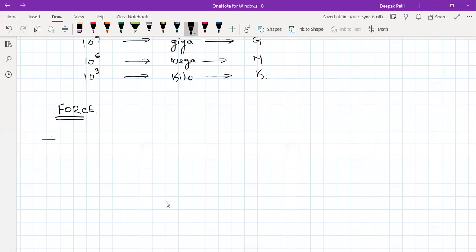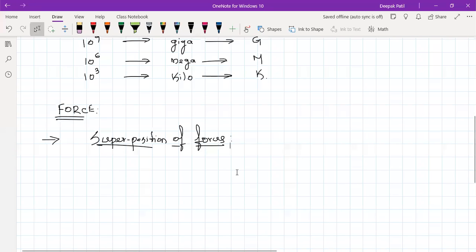Now there are some principles you need to study in terms of forces. The first principle is called superposition of forces. Have you heard about this, students? No?